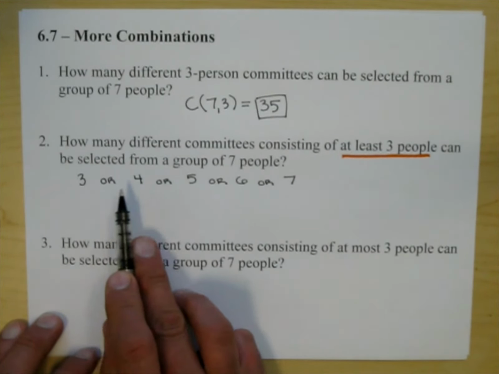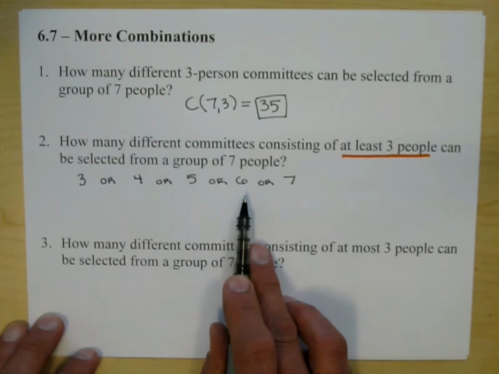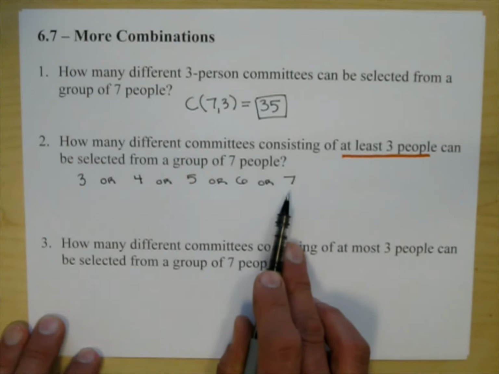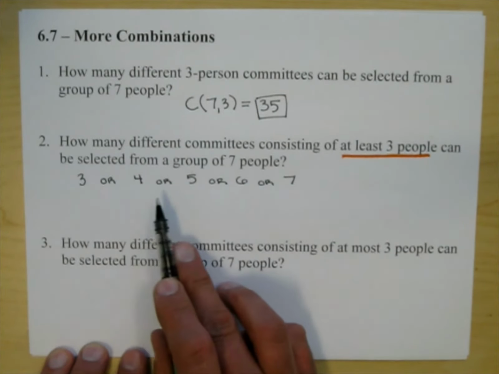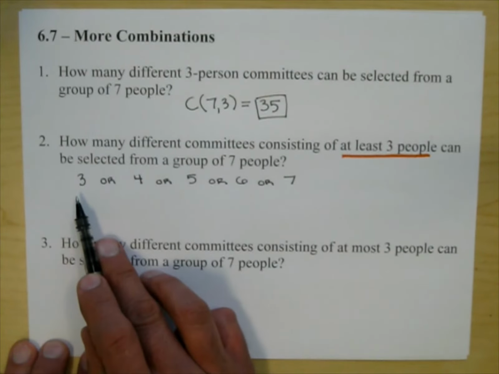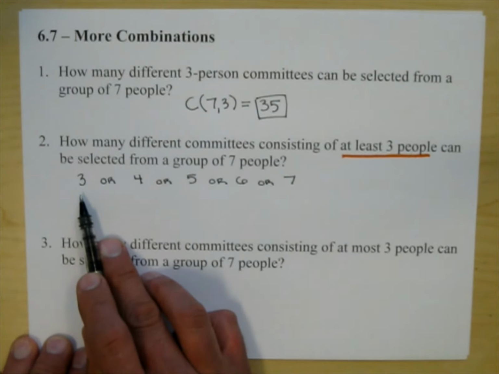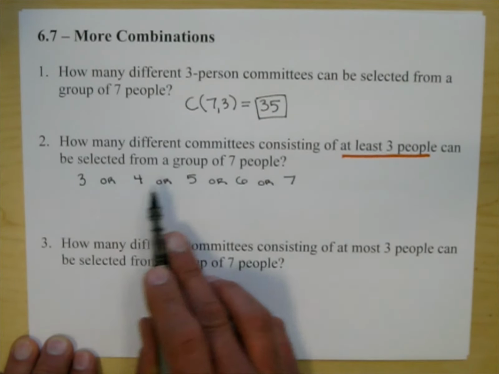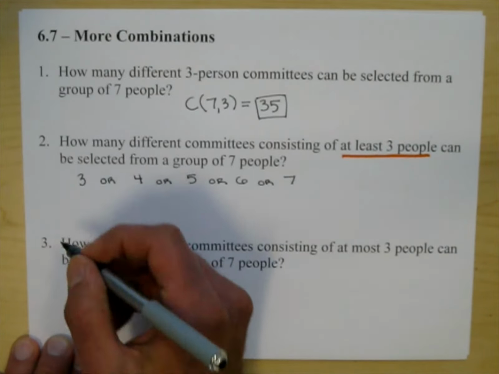So these break up into little problems. You may remember when we were doing something earlier in this section, I wrote OR down and those ORs became pluses. So what I want to do is count all the committees that have exactly 3 people in it. The way to do that using combination talk, or choose talk, would be 7 choose 3.